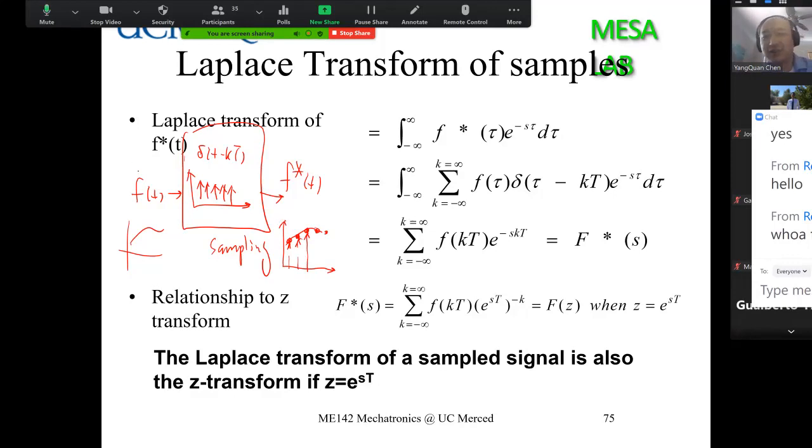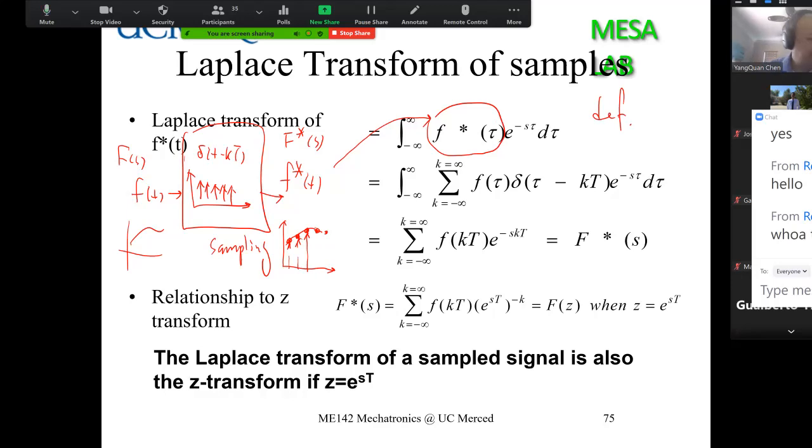So you know that this one has F of s. I want to understand what my F star of s is. Simple. We just pull out this signal here and put it into the definition. This is the definition, right?